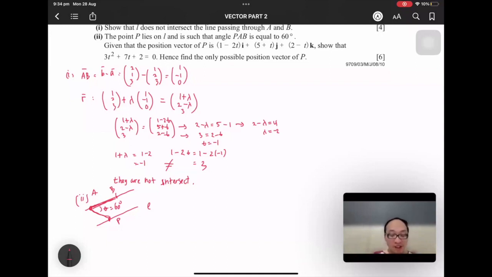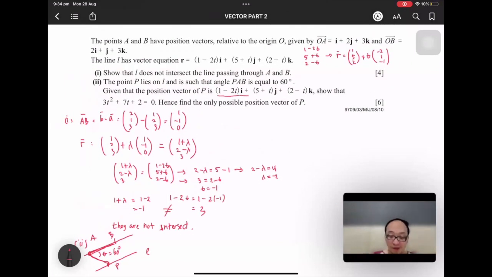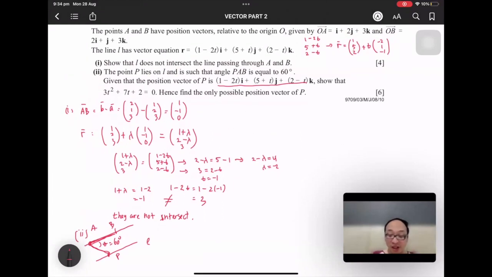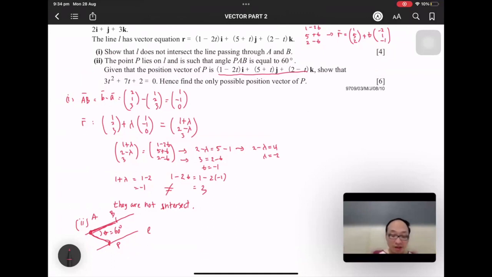Given that the position vector of P is the vector equation of the line, because it lies on the line L1, on the line L. Show that it will become 3t squared plus 7t plus 2 equals 0, and hence find the only possible position vector P.